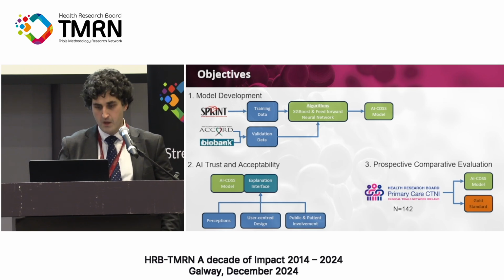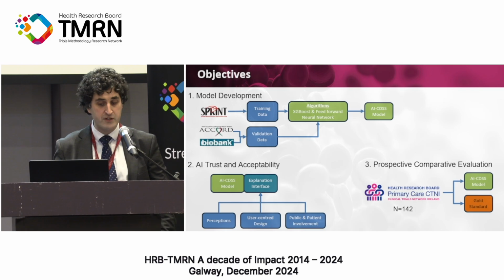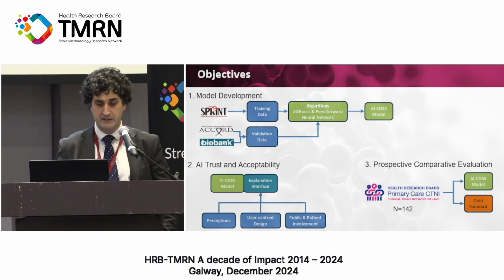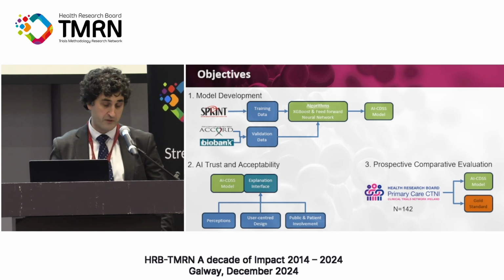At the moment, as part of that grant, we're doing a prospective comparative evaluation. This is taking hypertension scenarios, so patients recruited from the HRB primary care clinical trials network, presenting them to our AI model back in our lab, and recording the recommendation. Then take that same scenario and present it to a gold standard panel of experts.